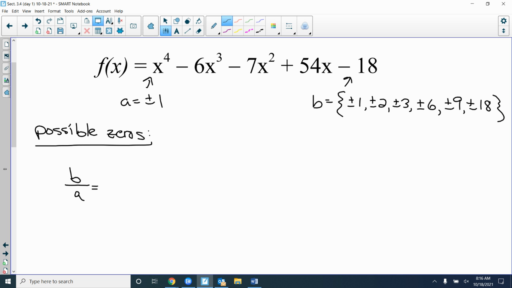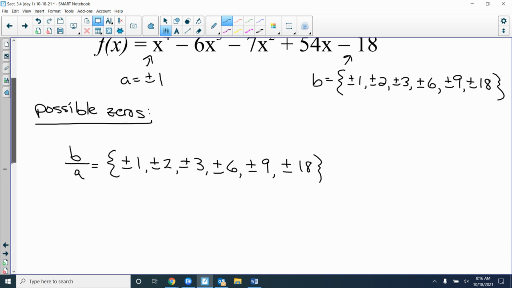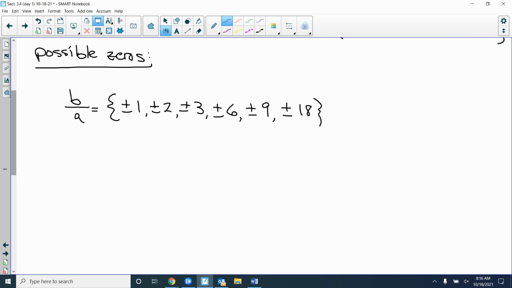So our possible zeros, I'm just going to list as plus or minus 1, plus or minus 2, plus or minus 3, plus or minus 6, plus or minus 9, plus or minus 18. Those are our possible zeros. So how many options do we have? We've got 2, 4, 6, 8, 10, 12 options. What's the maximum number of zeros I can have? 4. Yeah, 4 zeros. All right.